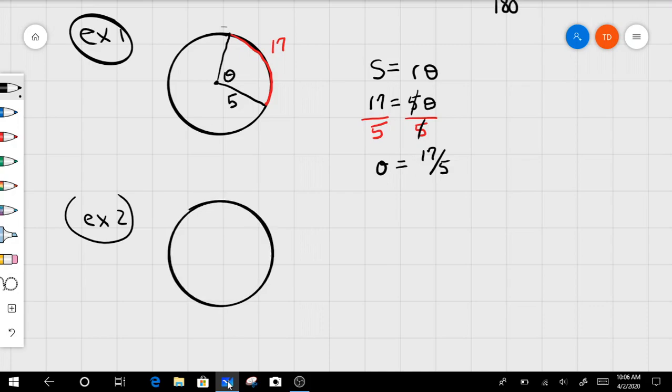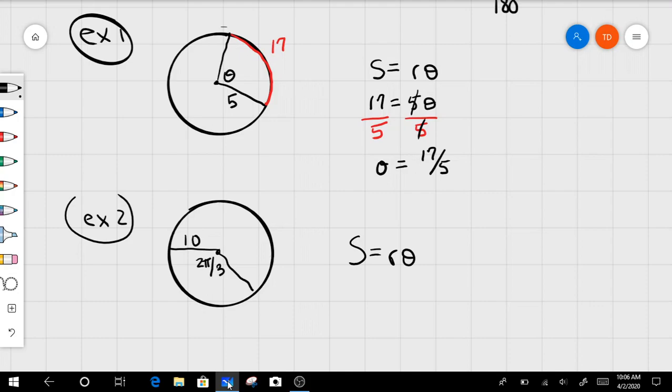Okay, there's your circle. And let's say your radius is 10. And let's say they give you theta. Let's say that they give you that your radius is rotated 2 pi over 3 units. S equals R theta.